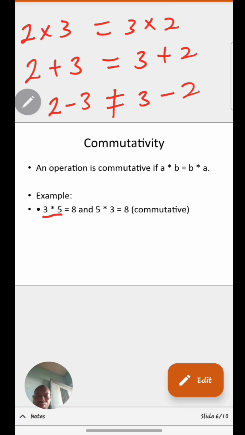3 operation 5 equals 8. So that means they have defined the operation for us already.